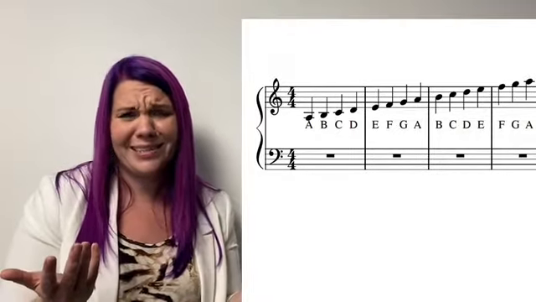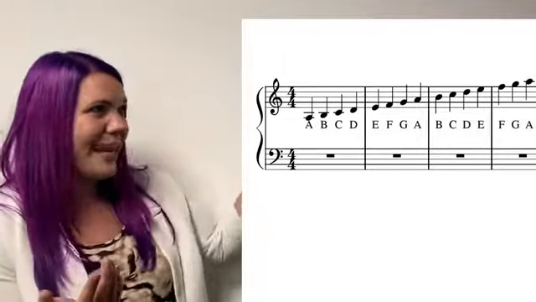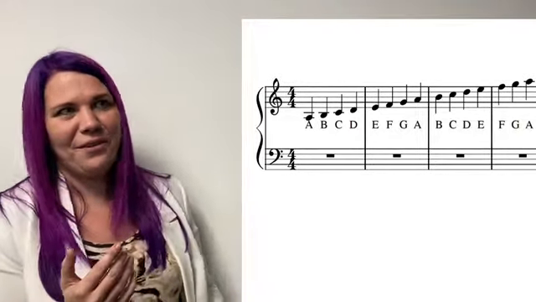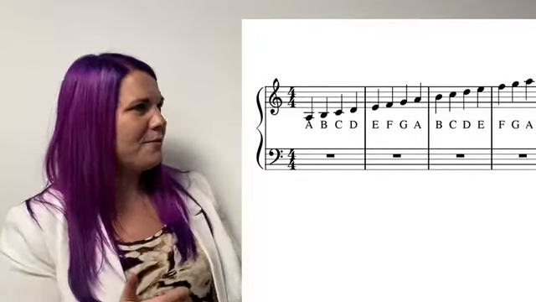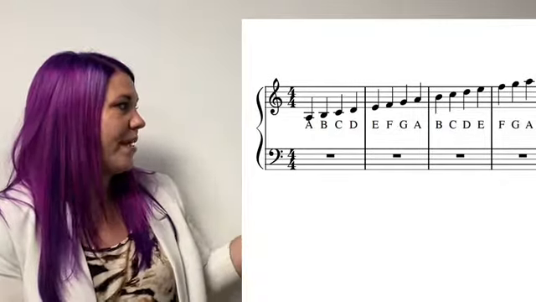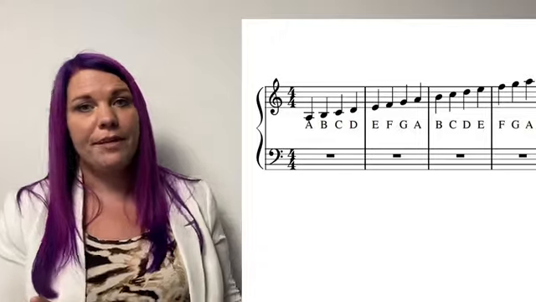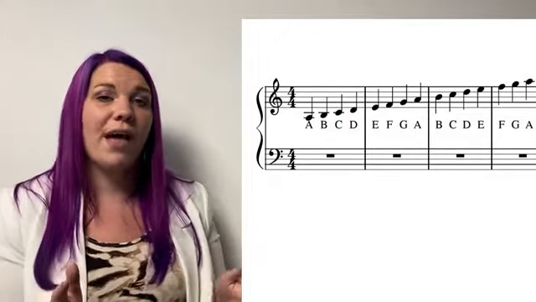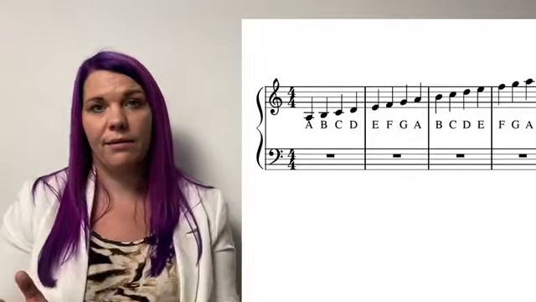Upwards is easier because it's easier to say the alphabet in order rather than backwards. If you're coming back down through the stave, you've got to go backwards in the alphabet. So if you know where that middle C is written, or you know where the F is in the face, the first space on the treble clef, then you can count up from there. So that's how you know what note you're singing.